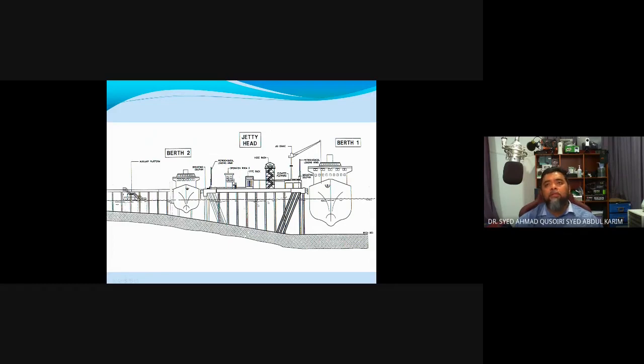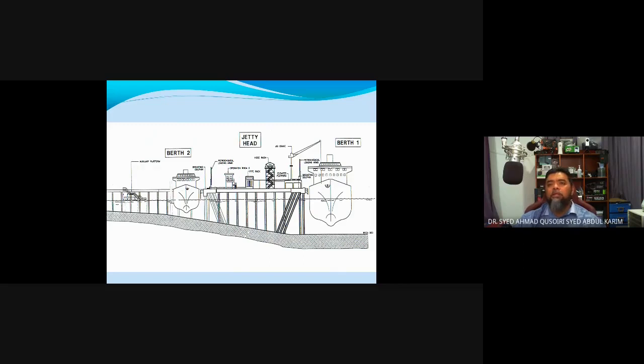And then we have the components. This is the dolphin that's going to absorb the impact from the side of the ship. And then petrochemical loading arms to connect the pipe work to the ships.